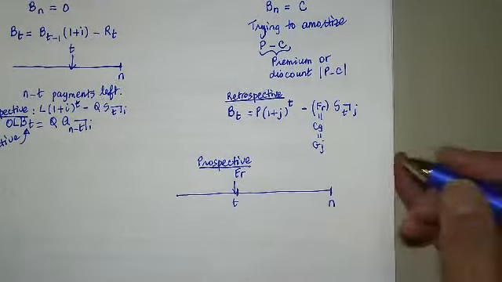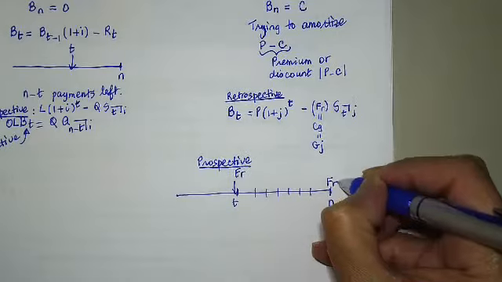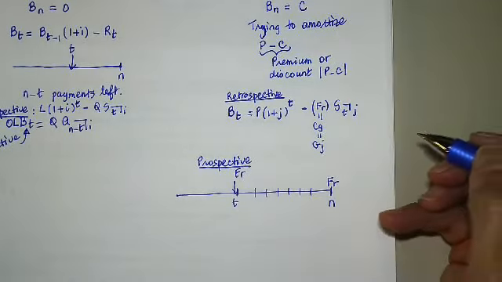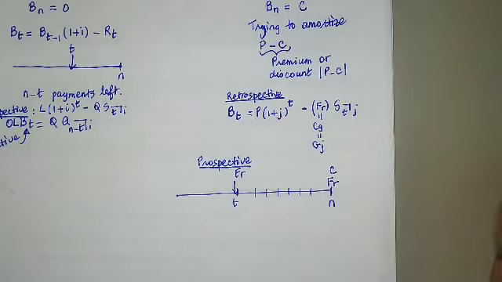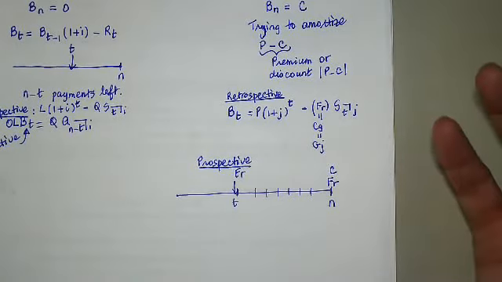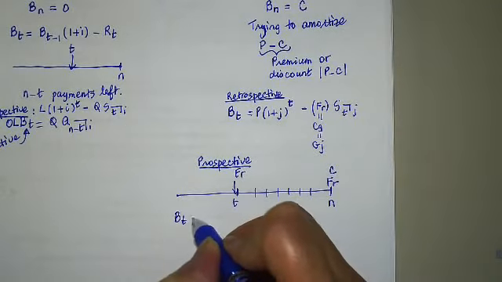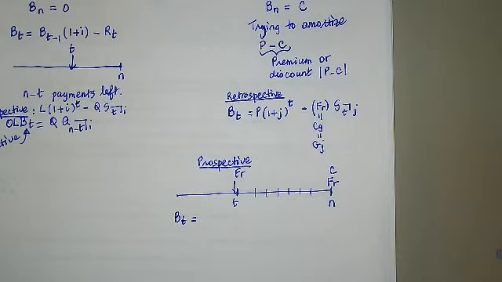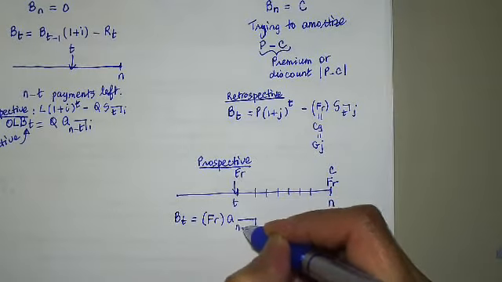This coupon Fr has already been made. So I'm here actually, okay? Right here at time t. Here's time n. All these Frs are left to be made. And who else is left? What other payment is left to be made? C. Right. Fr and C at the end, correct? That's a balloon payment. So what I want you to do is give me an expression, prospective, for B of t. Go.